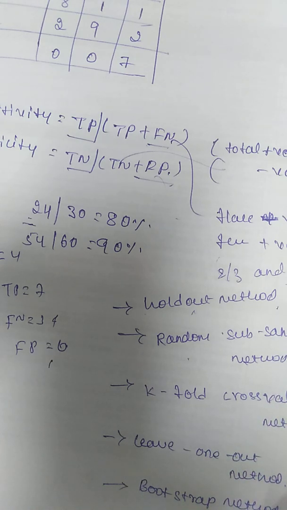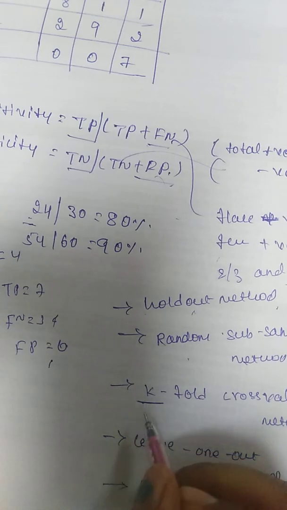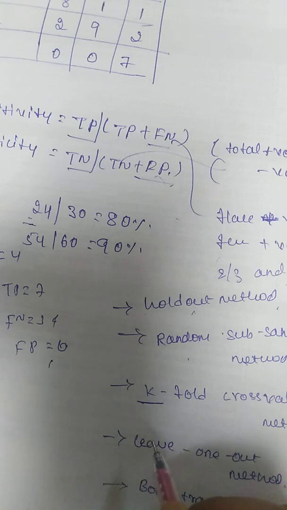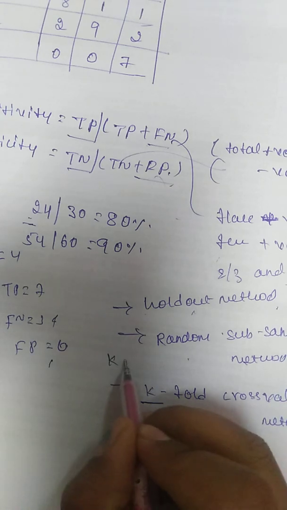Next one is the k-fold cross validation method. We randomly divide the data into k disjoint subsets. One of the subsets is then used as the test set, and the remaining k minus 1 subsets are used to build the classifier.